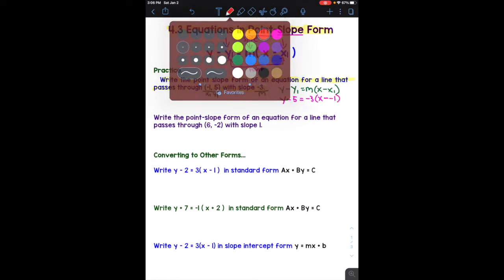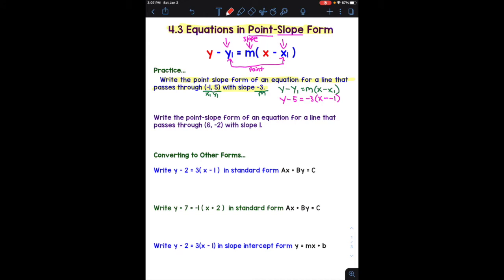The last thing you're going to want to do is simplify any double signs. For example, when we have x minus -1, we're going to fix that to y minus 5 equals -3. Remember, when you subtract a negative, that changes to a plus sign, so times x plus 1. And that will be our equation in point-slope form.